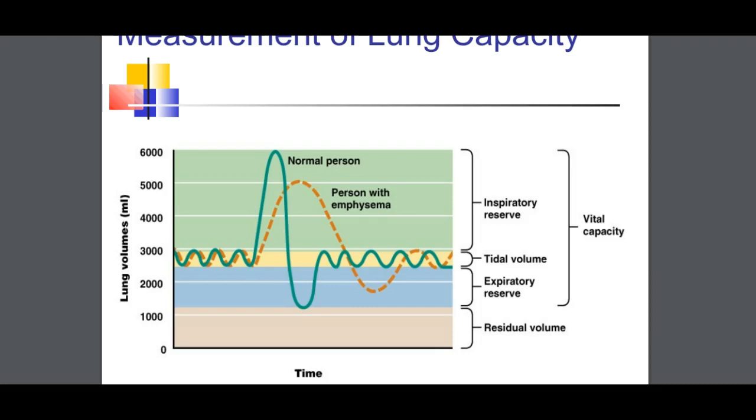But when you look at how the dotted lines go to the bottom, they're also using their expiratory reserve as well. But a normal person reaches the residual volume, and they also have an inspiratory reserve volume that's higher than a person with emphysema, because they can't breathe as long as a normal person.